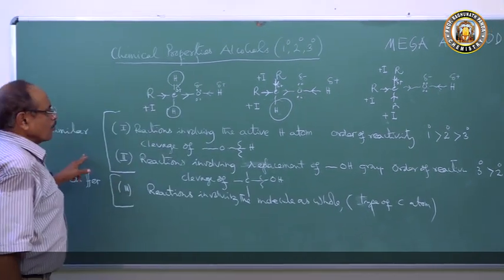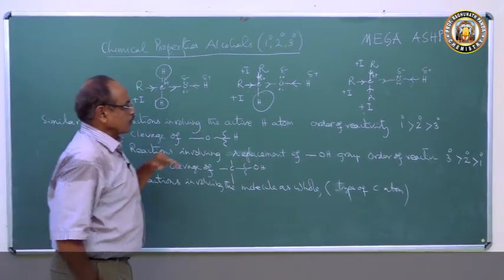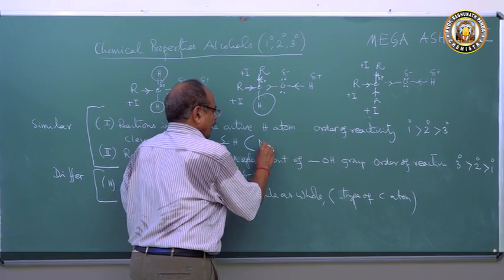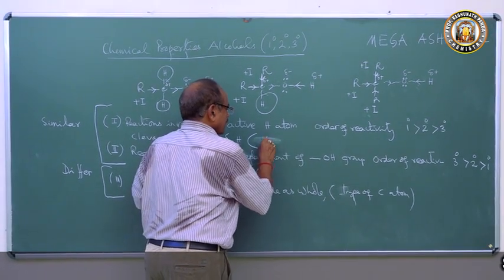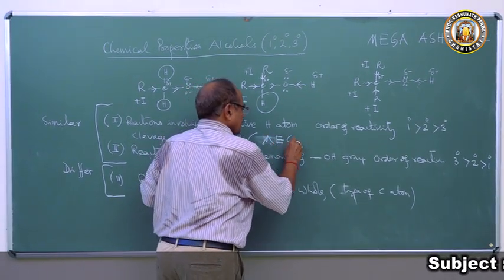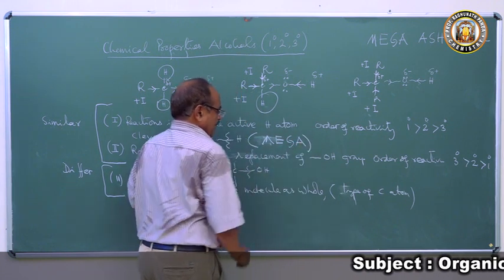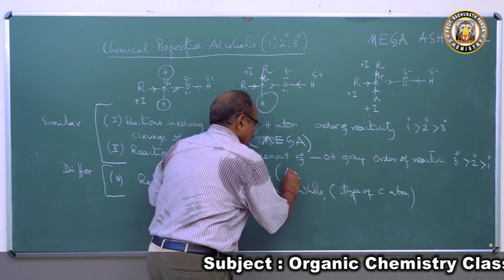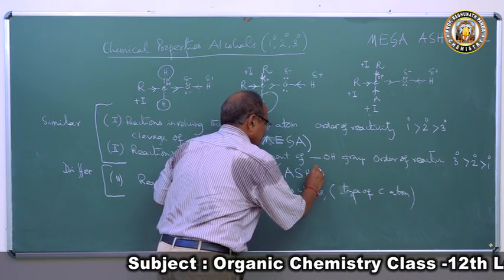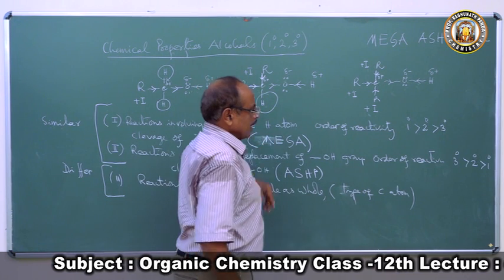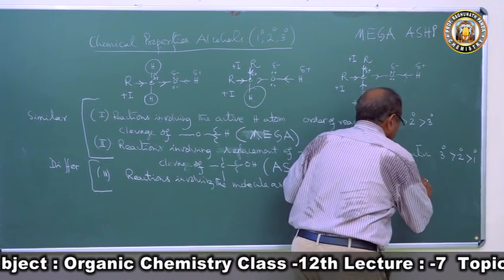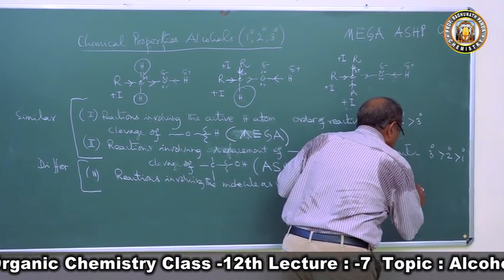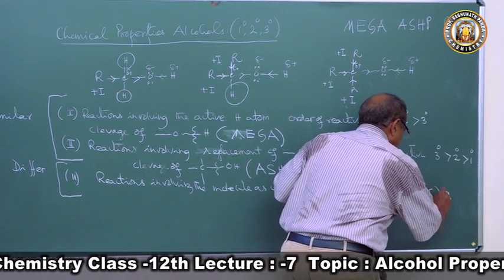The reactions involving the active hydrogen atom can be explained by the code MEGA, and reactions involving the OH group are a source of horsepower, similar, and the reactions in which they differ is ODC. So this is the code I take you, children.